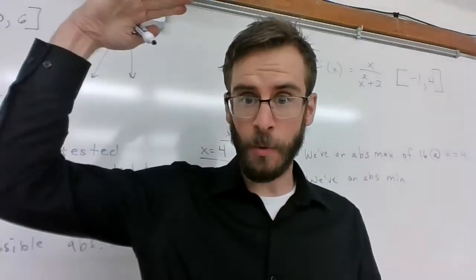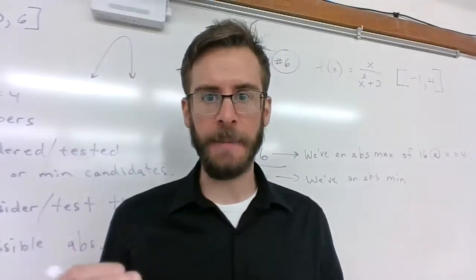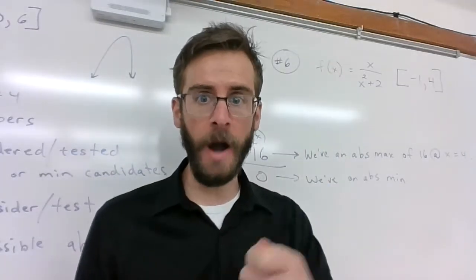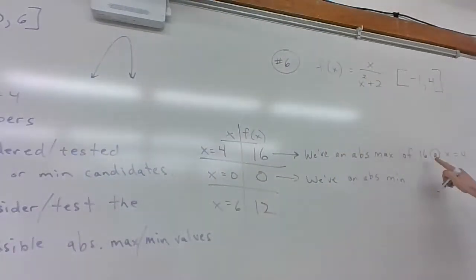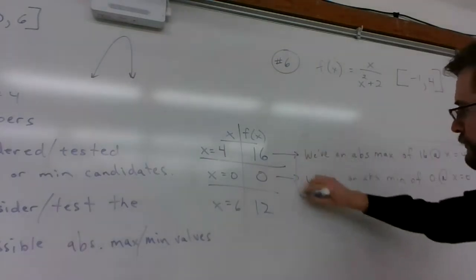It's the highest point. And when you talk about highness, you're talking about verticality, the y-axis. So y values for how high it is. And our absolute min is 0 at x equals 0. And this answers the question.